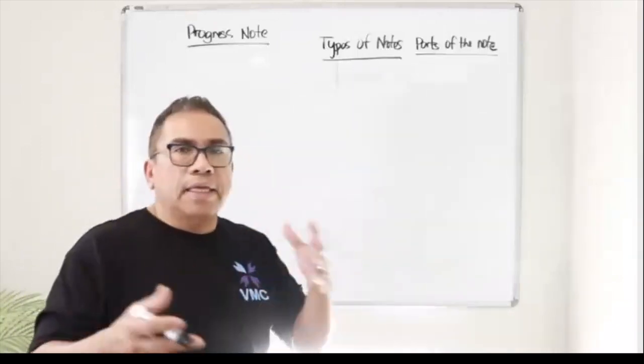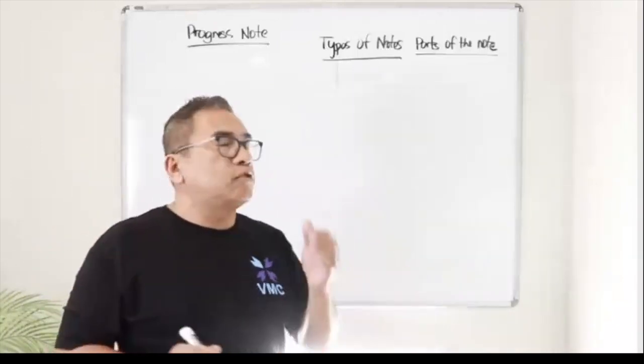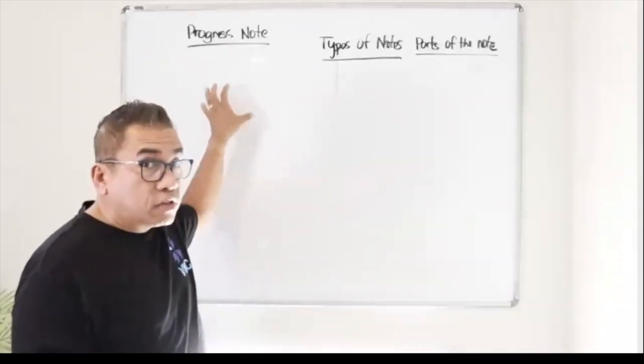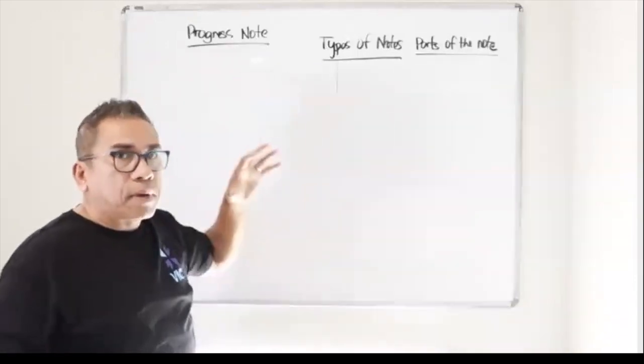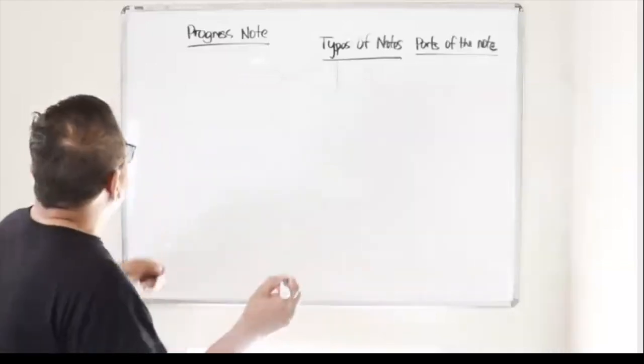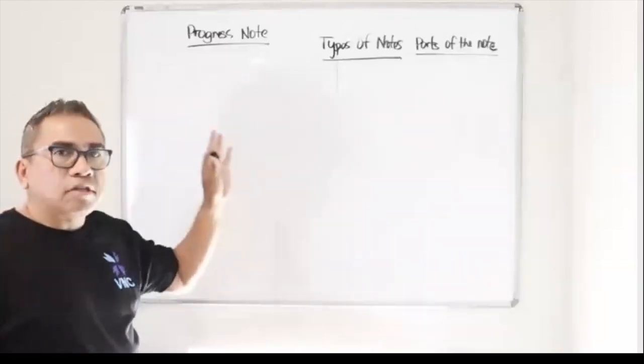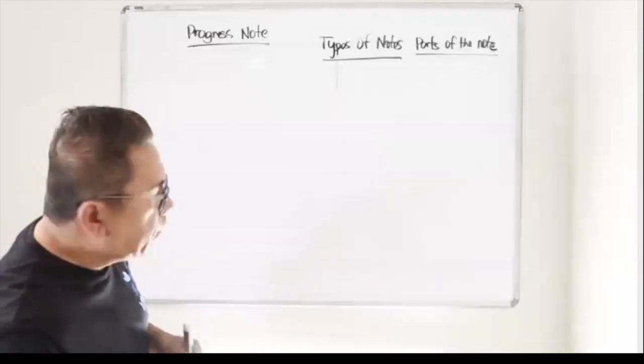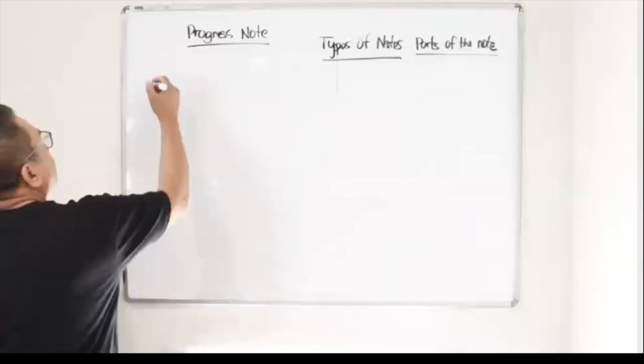People in this business call it many different names, but we all agree that when we talk about progress note or just note, we're talking about the medical record. There are three main components of a medical record. Mainly, let me put that in the board here, guys.